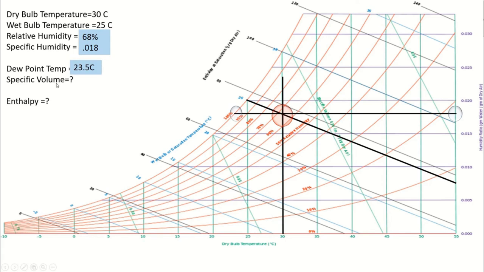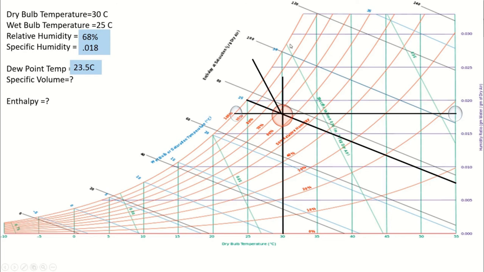For specific volume, where are my specific volume lines? These are my specific volume lines, 0.80, 0.85 and 0.95. So I draw a line parallel to these lines, and I find that my specific volume line is between 0.85 and 0.90, but nearest to 0.90.